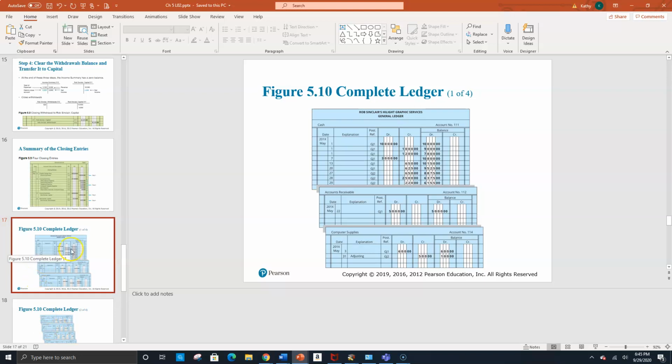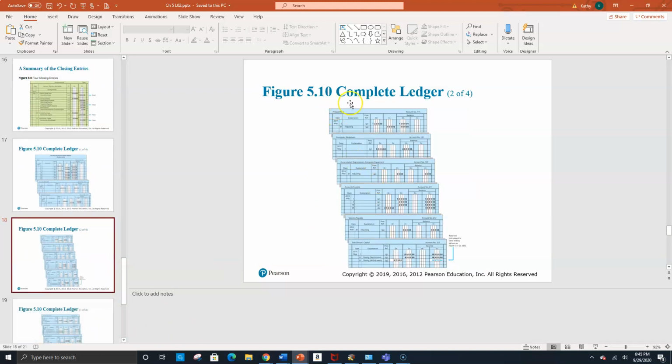Okay, next you have all your individual ledgers for all your individual accounts. For the cash account, here's our entry, and cash is a permanent account. There were no closing entries. You have accounts receivable, computer supplies, and then all your different accounts here. Your ledger accounts are displayed there.